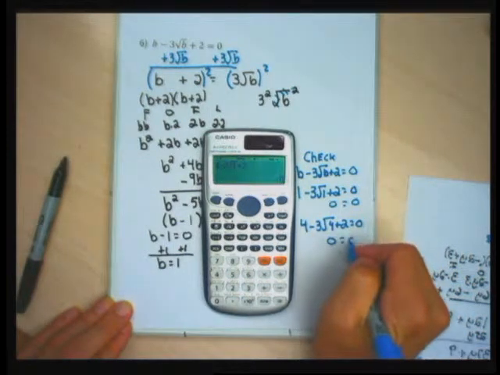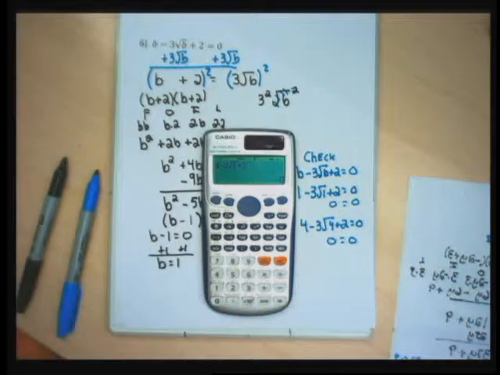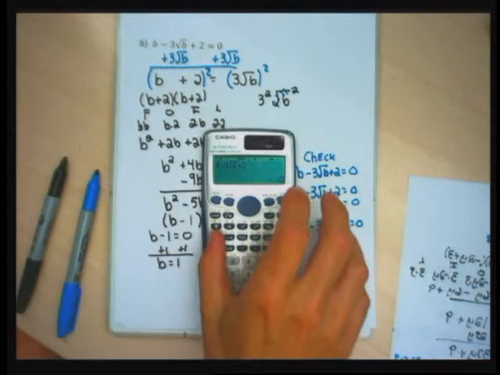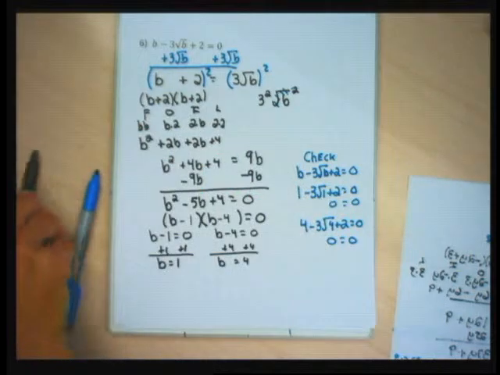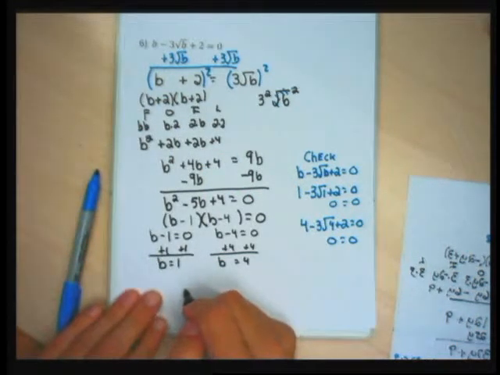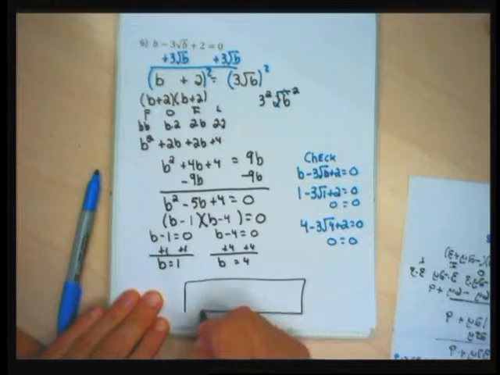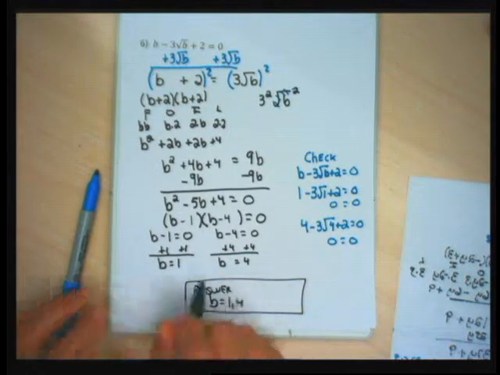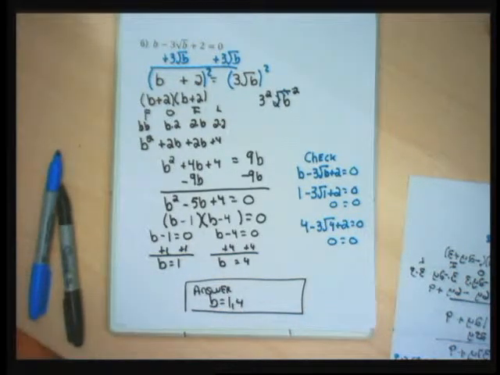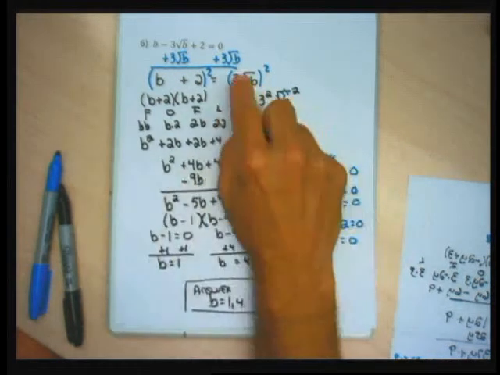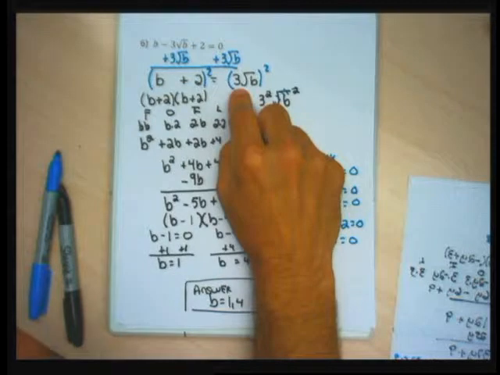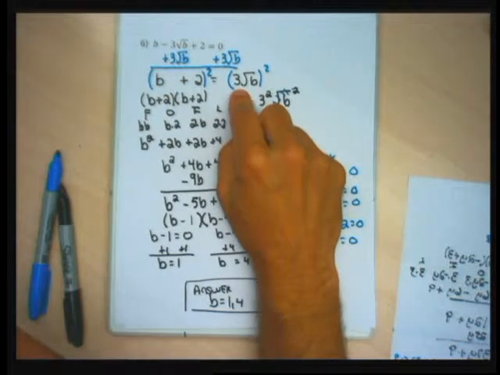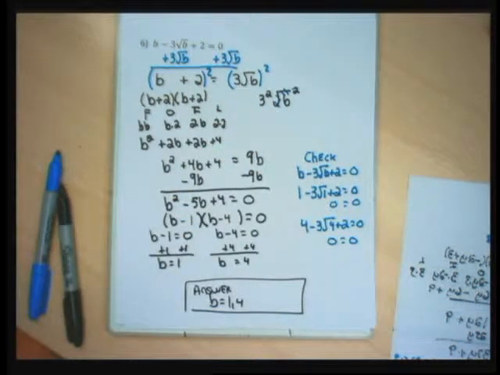So on this more complex problem, both the solutions worked, and that's not guaranteed to happen on the test. On the test, more often than not, you get one solution that checks and one that doesn't. I'm not sure what happens in the homework for these. So problems 1 through 6, the only thing that was new about them is knowing when to stop isolating the square root and having the square a little bit differently than we did in 4.9.